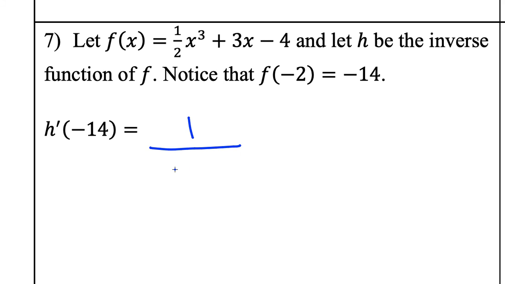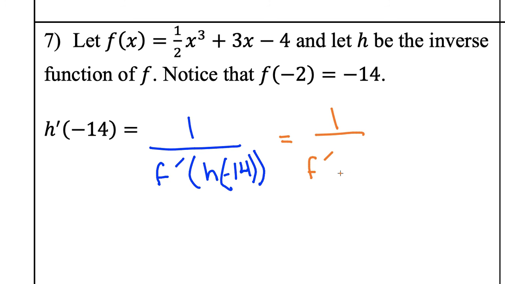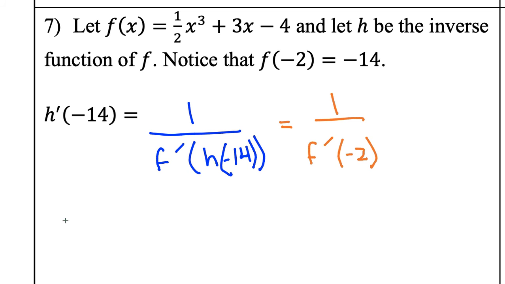This is 1 over f prime of h of negative 14. And then from there, I know that that's going to be 1 over f prime of negative 2. And I need to find f prime, so let's do that.